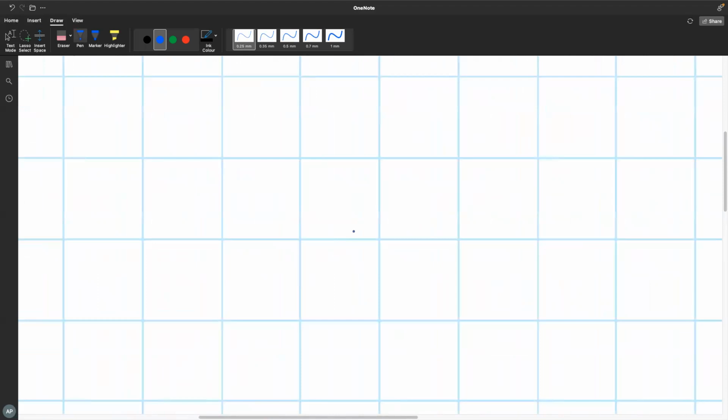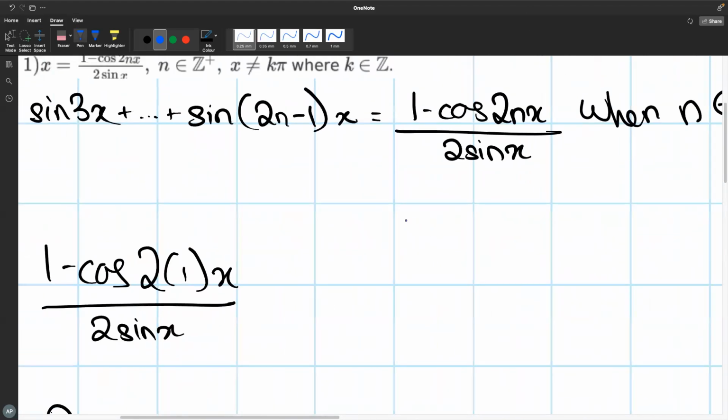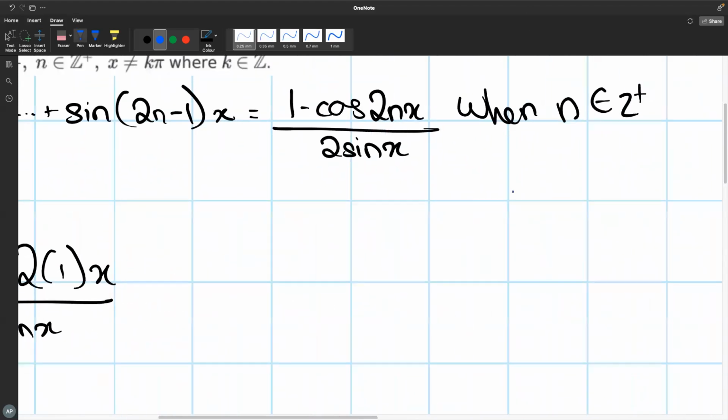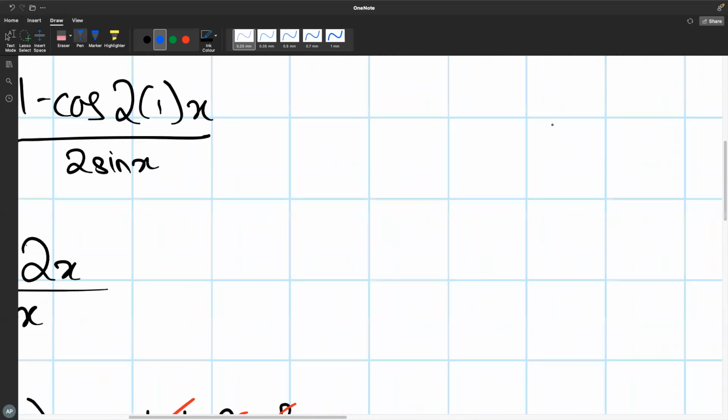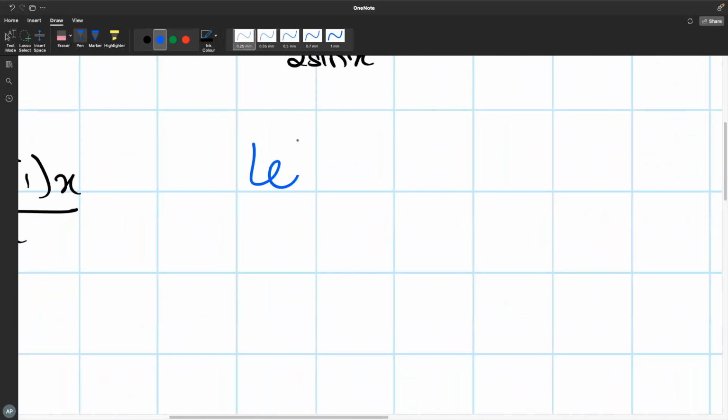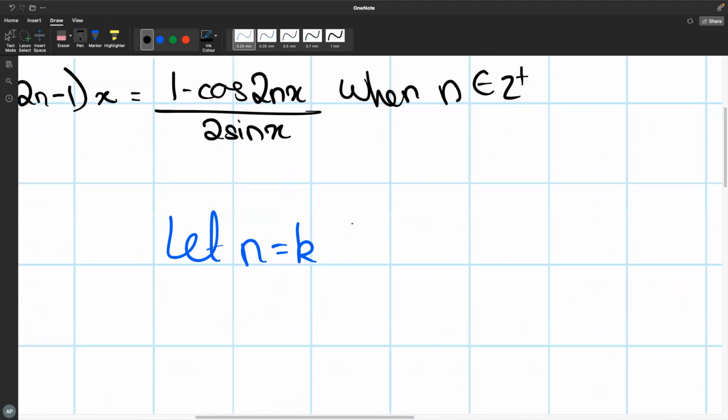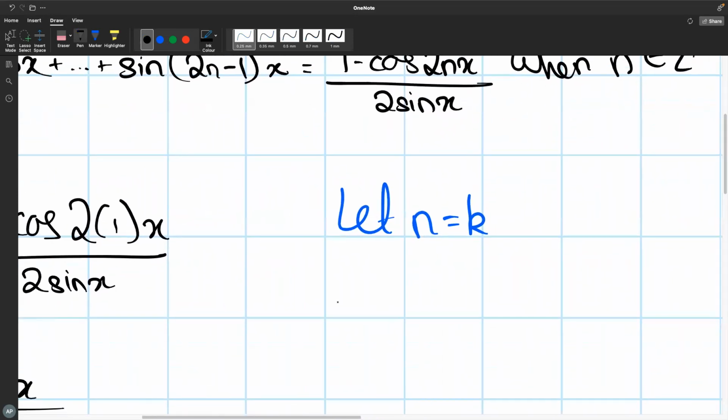Now, for induction, we have to prove it for 2 consecutive numbers, and in this case, 2 consecutive positive integers. So let n equal k, and we're taking k as any random positive integer. So we're going to write out the proposition again.